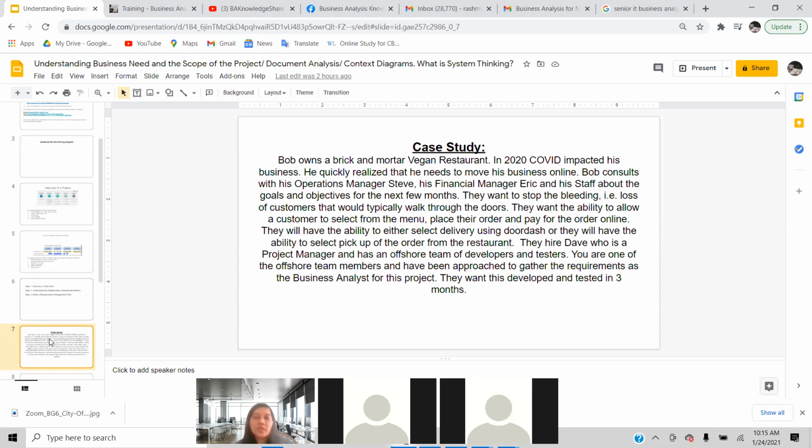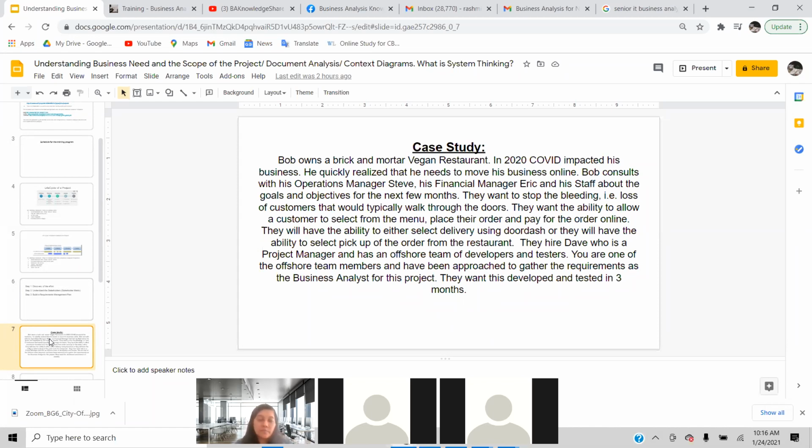They want to stop the bleeding, that is, a loss of customers that would typically walk through the doors. They want the ability to allow a customer to select from the menu, place their order, and pay for the order online. They will have the ability to either select delivery using DoorDash, or they will have the ability to select pickup of the order from the restaurant.